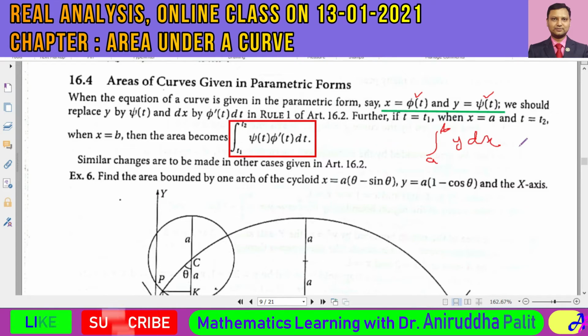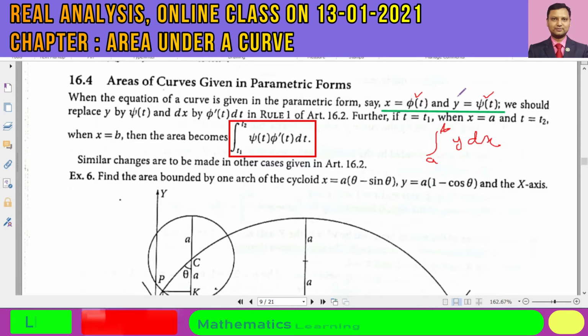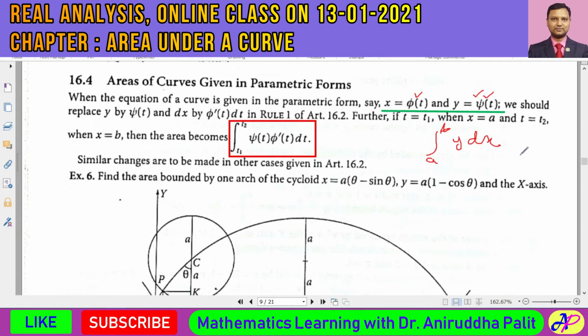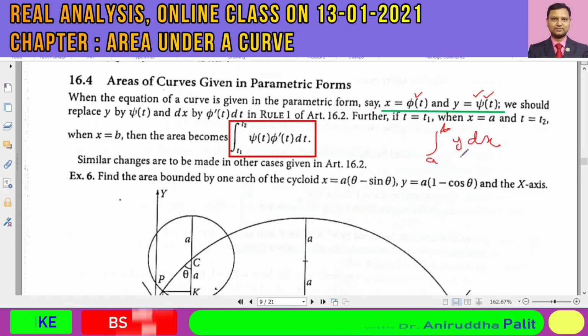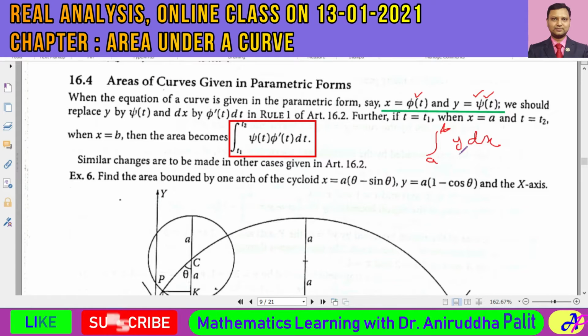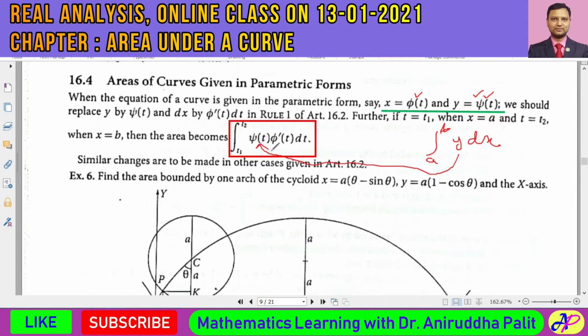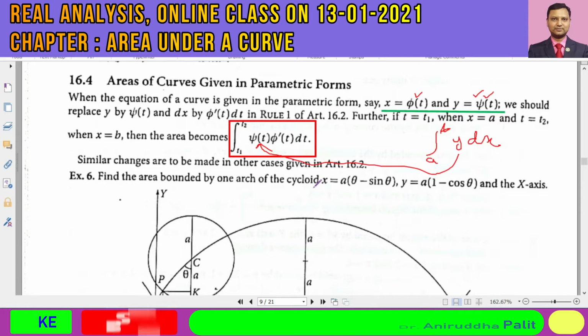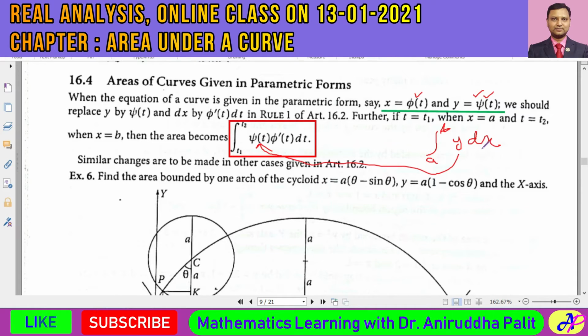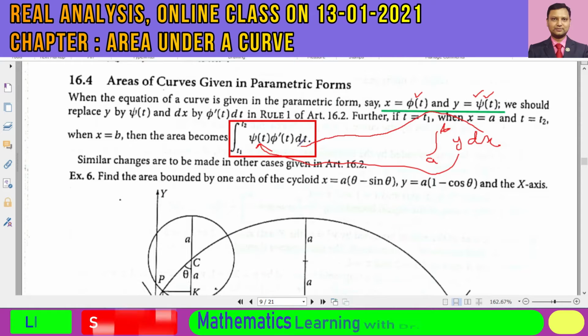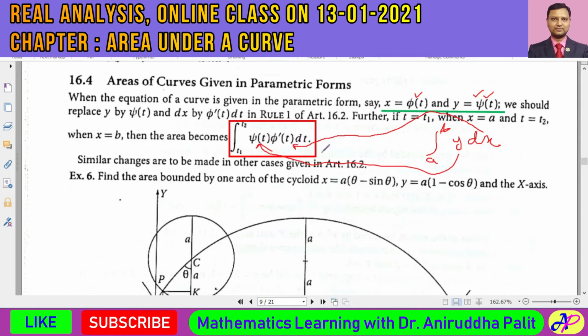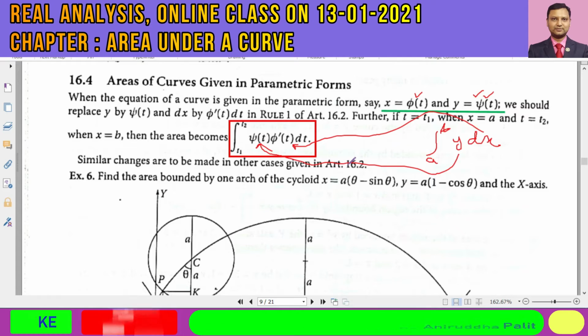Now in place of this y, we can put the expression of y, y is equal to psi of t, and dx can be written as phi dash t into dt.